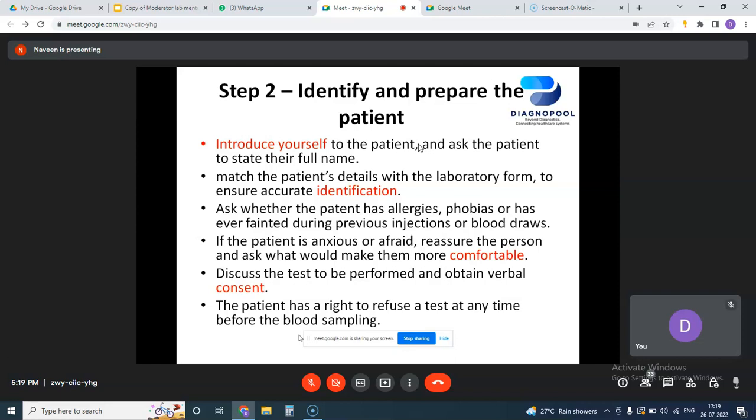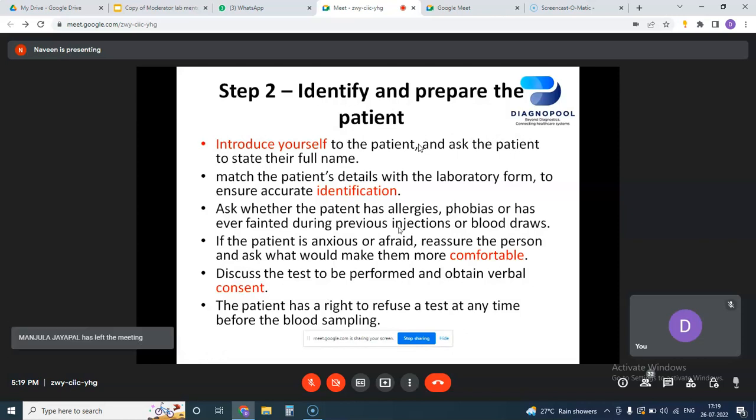And the next step is to comfort the patient. Ask the patient about his allergies, phobias, and previous episodes, when the blood was drawn, whether he was alright or there were any incidents. Those things should be asked.